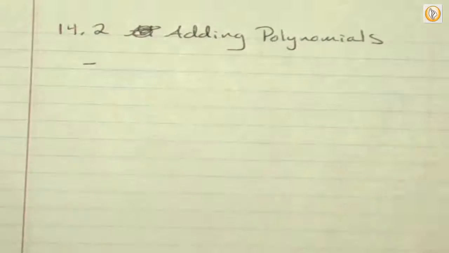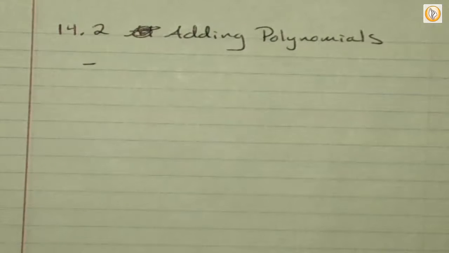All right, polynomials. Polynomials are basically, and that's what 14.1 would be, just numbers and letters put together as terms. A term.